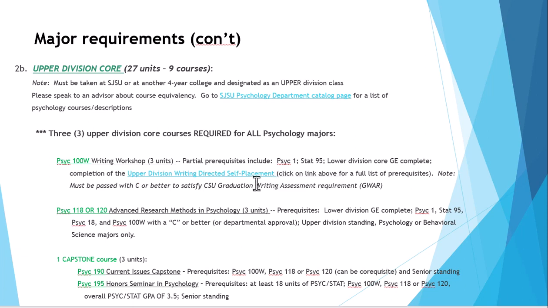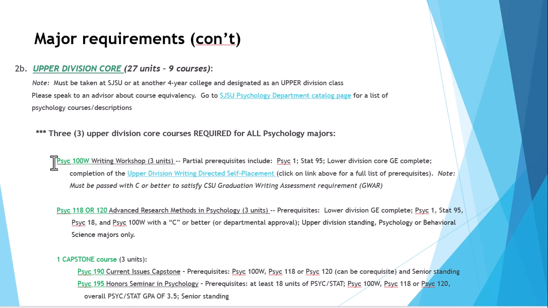Basically, it's a tool that the university uses to help students decide if they're ready to take the 100W or not. If you click on that link here, you can go to the website and read the details about that. But once you've taken the self-placement and it shows that you're ready to complete 100W, then that's when you want to enroll in it.